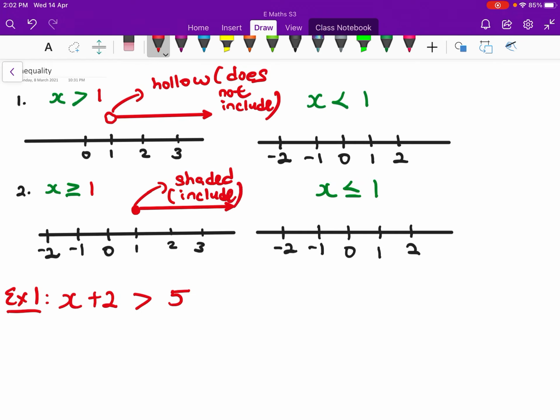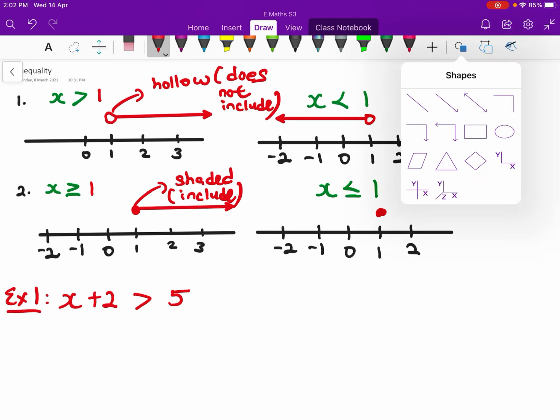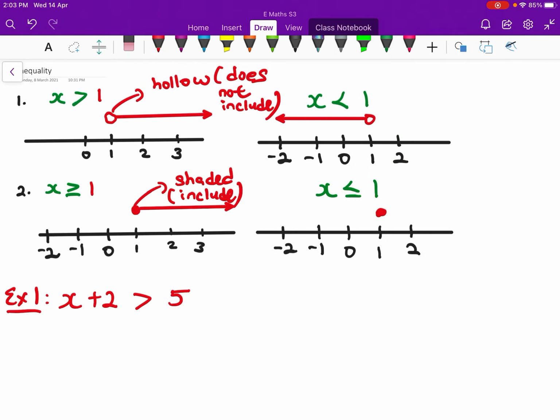Let's go to the right diagram. x is strictly less than 1, so I must draw this. Since it's less than 1, I must draw towards the left hand side. And last but not least, I must draw less than or equal to 1, so I must include 1. So this is how we draw the number line.